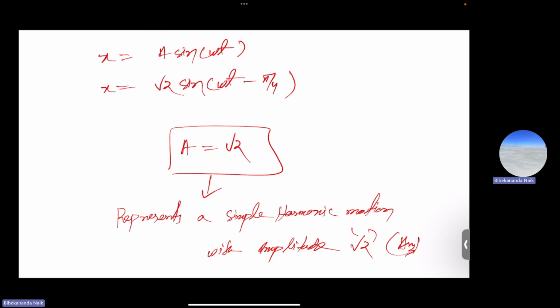Now we move to question number 3. Question number 3 says, which of the following relationships between the acceleration a and the displacement x of a particle represents simple harmonic motion? Options are: option A, a equals 2x; option B, a equals minus 10x square; option C, a equals 10 root x; and option D, a equals minus 0.5x.